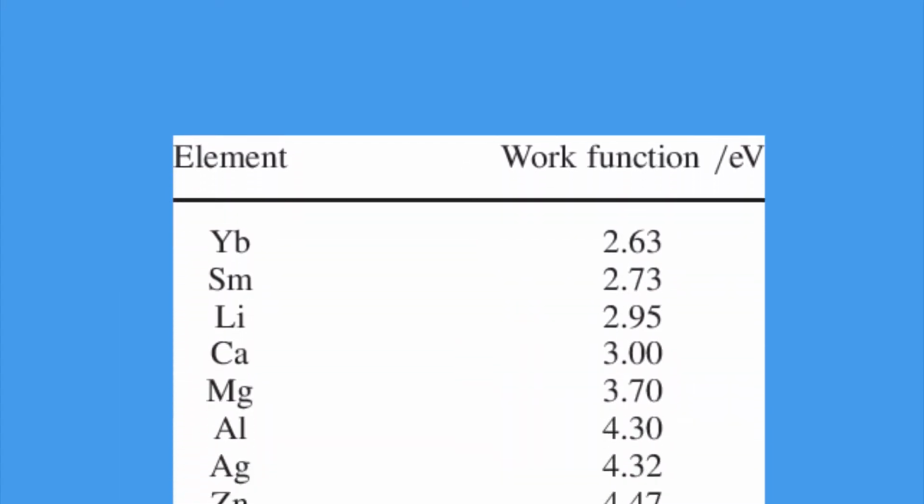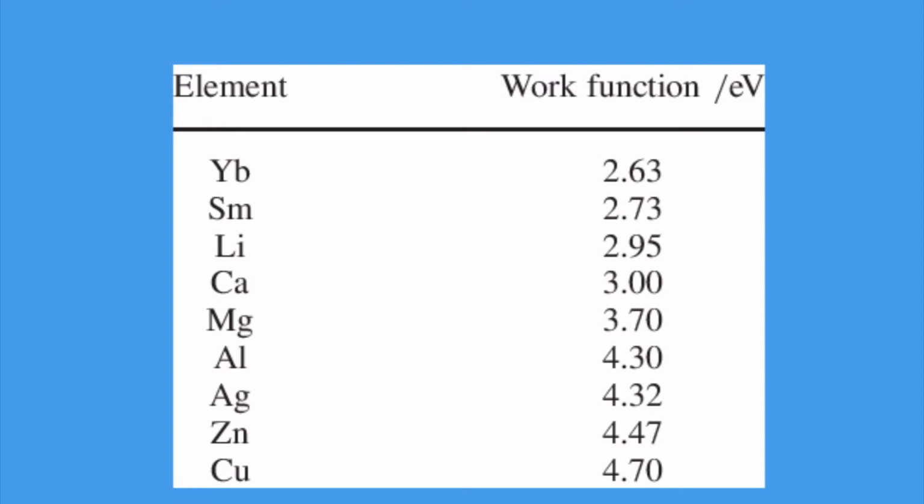Below is the work function described for a few metals. This chart clearly shows that work function for different metals is different.